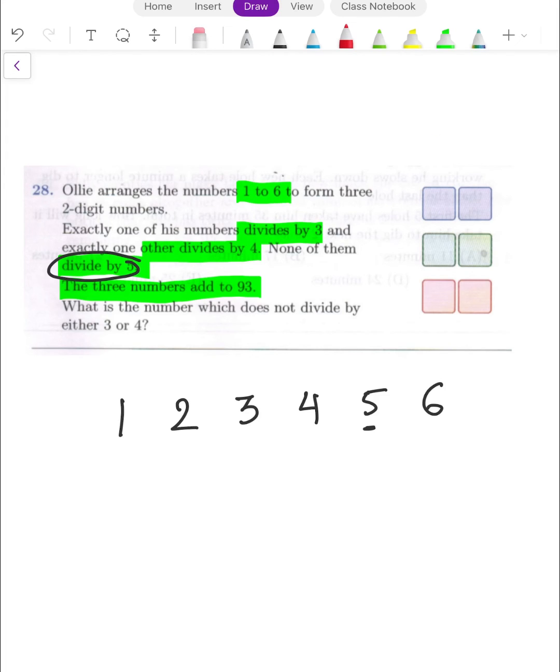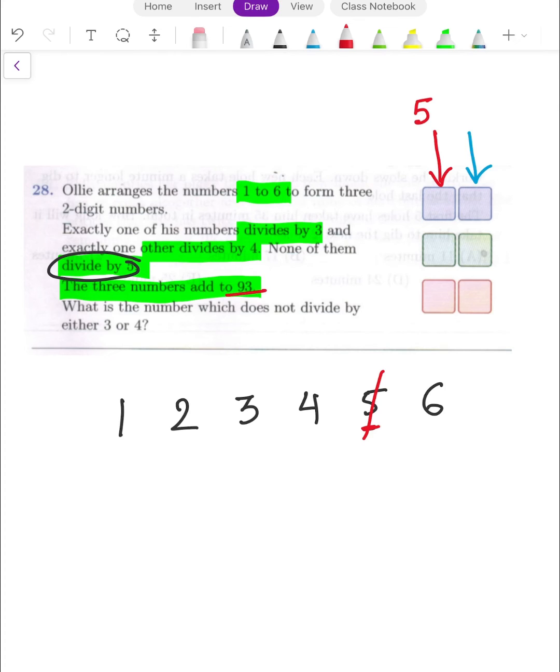So let's write the possibilities. I'm writing the possibilities for the tens column here, and the possibilities for the ones column in blue. Because 5 cannot appear in the ones column, 5 has to be in the tens column. I do not know which number, but 5 has to be in the tens column.